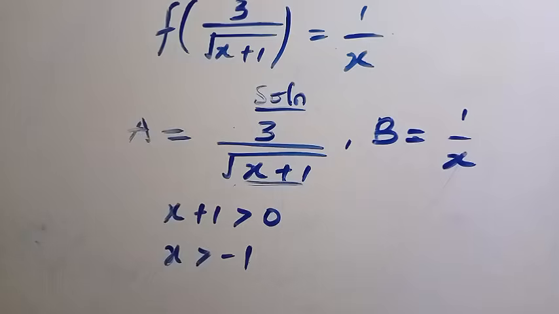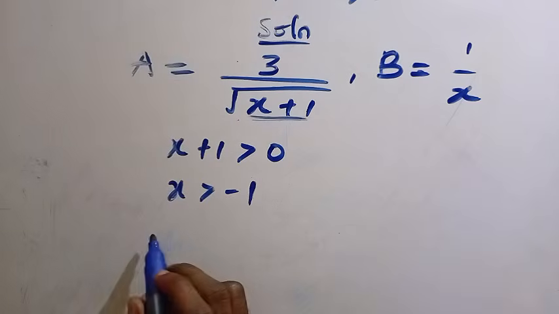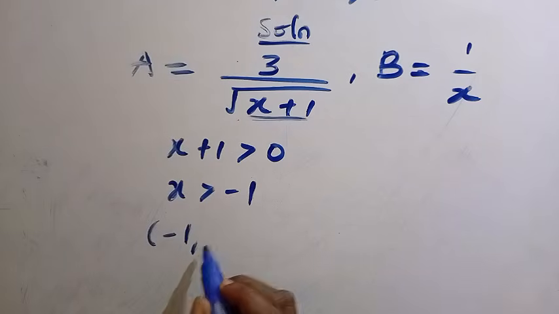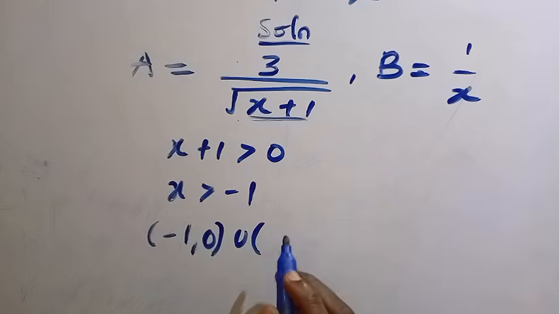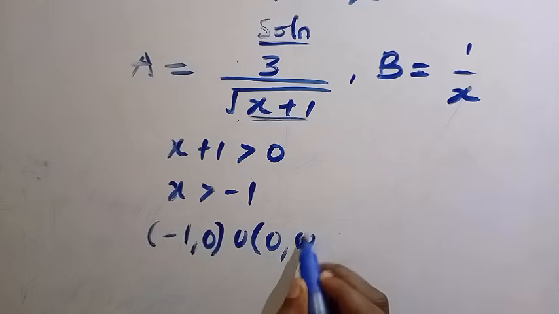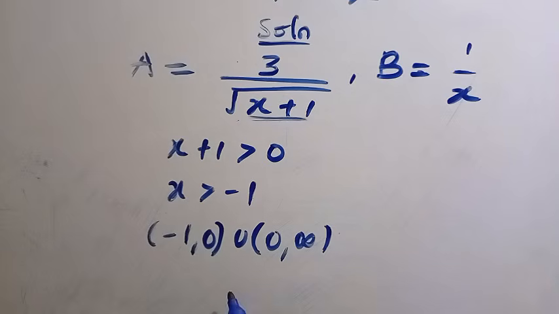Therefore, we can simply rewrite this as the union of (-1, 0) and (0, infinity). So this is the best way to write this. This is an open bracket, that is, -1 is not part of it.